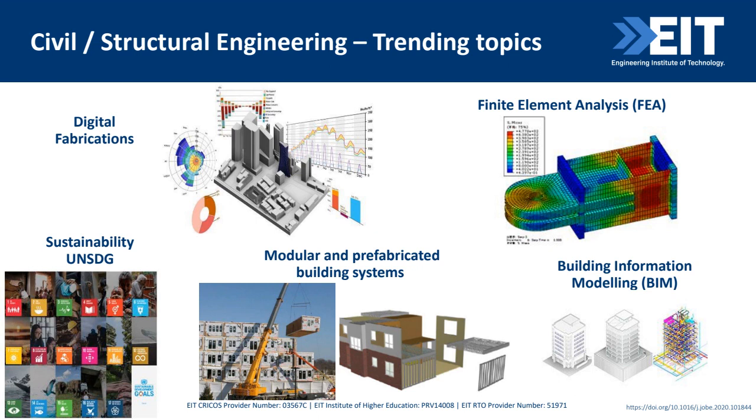So new types of construction, new types of practice are required. We need to reduce costs, we need to protect the environment. So the new innovative strategies include 3D concrete printing, prefabrication, modular construction. It all comes under the umbrella of digital fabrication, for example. Modular or prefabricated building systems are deemed more sustainable and environmentally friendly.